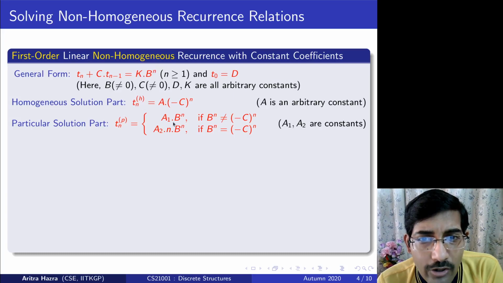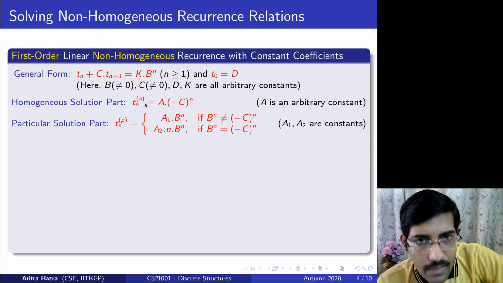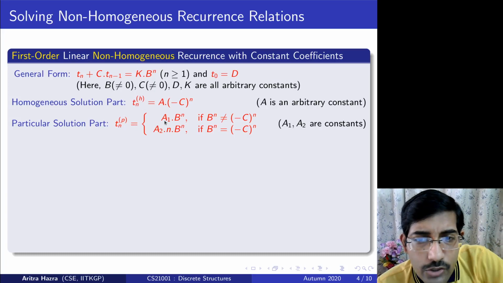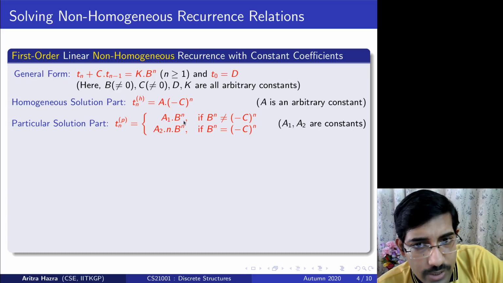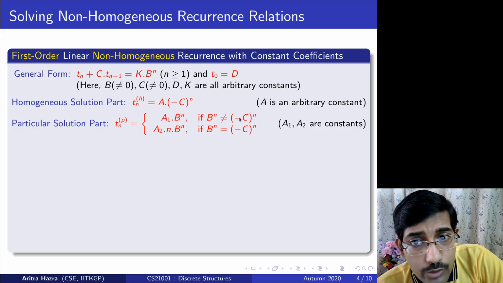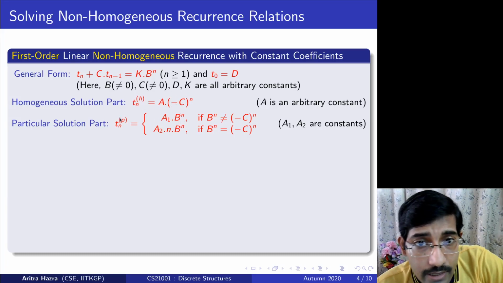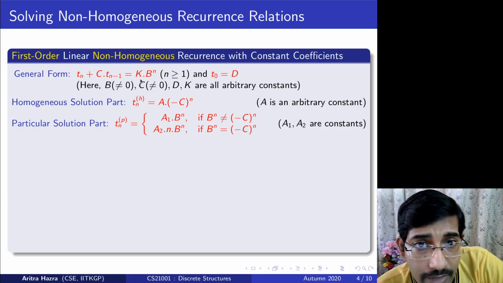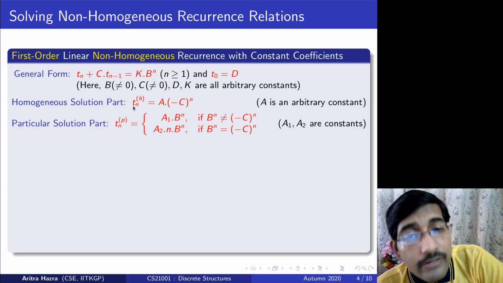So why not I just seek a solution of that format for a particular part. So this particular solution will say that I have a1 b to the power n as my solution if your b to the power n is not equal to minus c to the power n. Which means that if this is the case, then what I am trying to do is get out the non-homogeneous part of the solution and append it with the homogeneous.